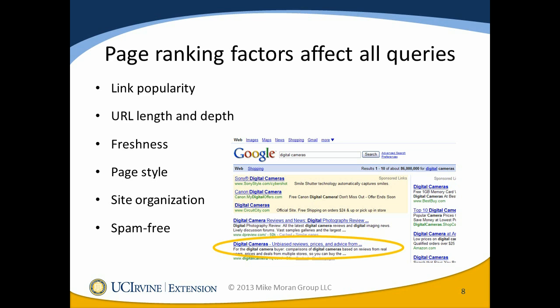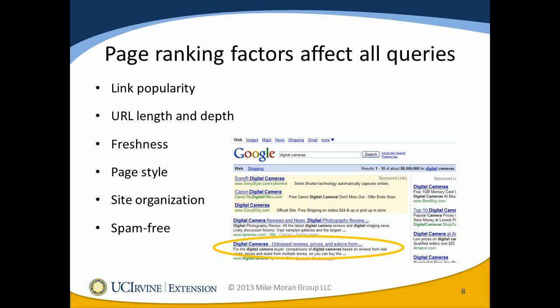For some kinds of keywords, freshness matters. And so this one's kind of difficult because freshness itself is about the page, right? It means how recently was the page updated. But freshness is only used for certain kinds of keywords. You can make an argument that freshness is both a page ranking factor and a keyword ranking factor.